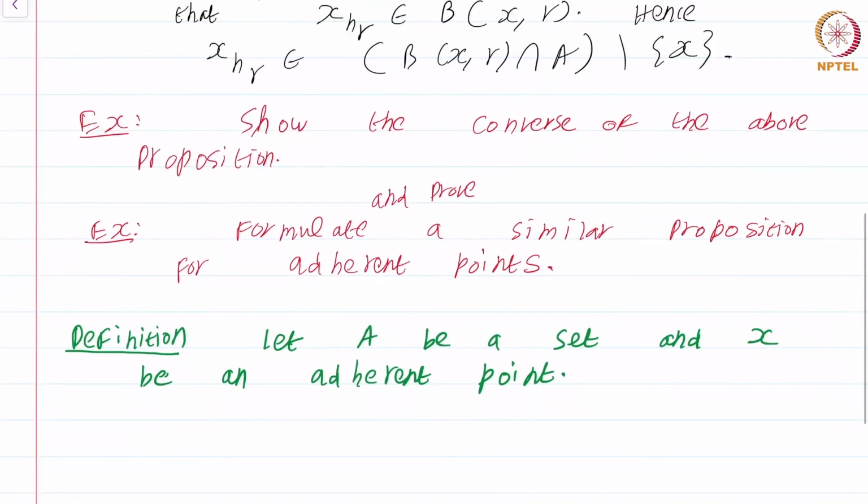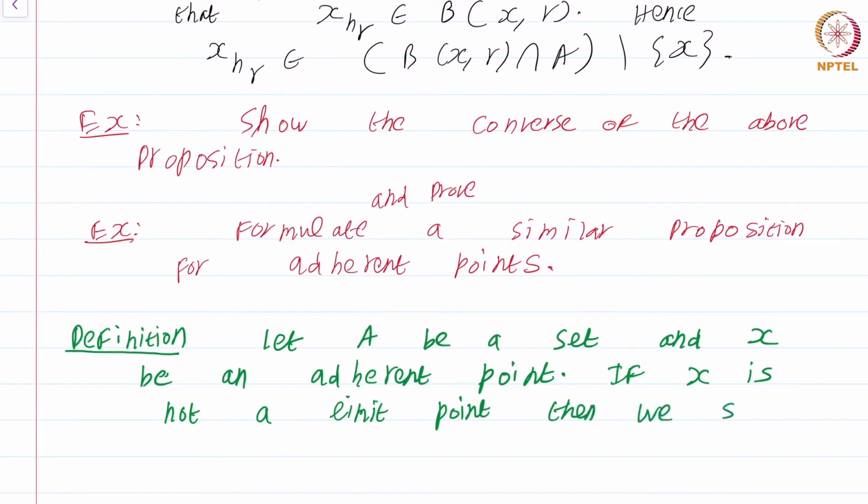If x is not a limit point, then we say x is an isolated point. Okay.